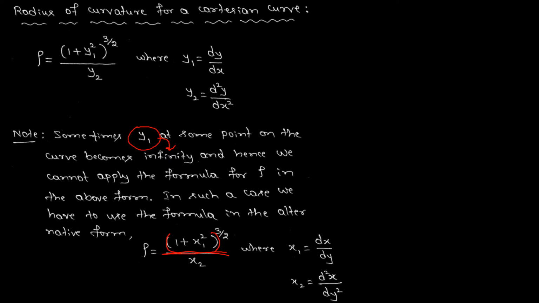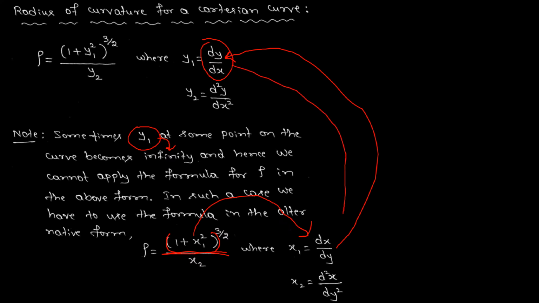Here x1 is the derivative of x with respect to y, which is the reciprocal of this. We already found dy by dx. You just take the reciprocal, you will get dx by dy.